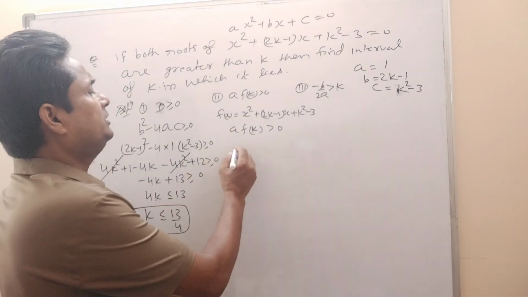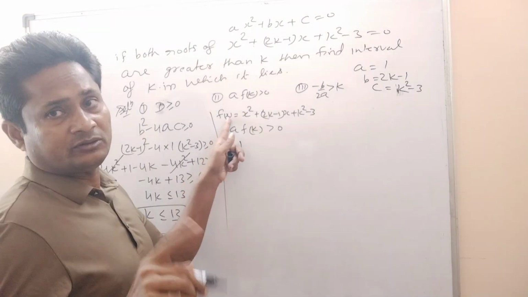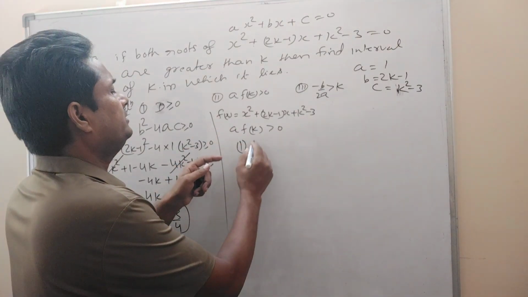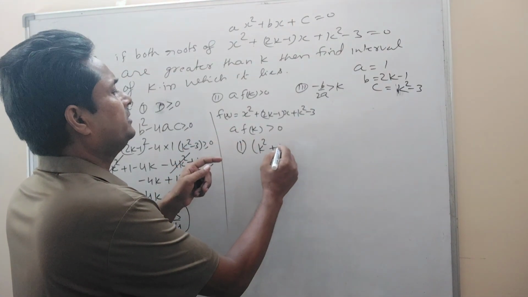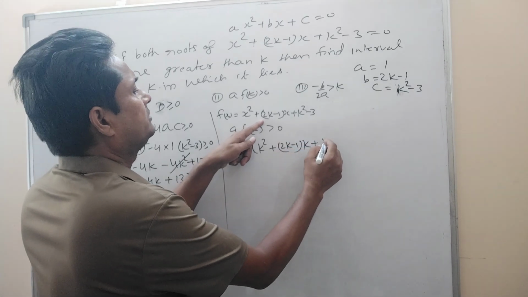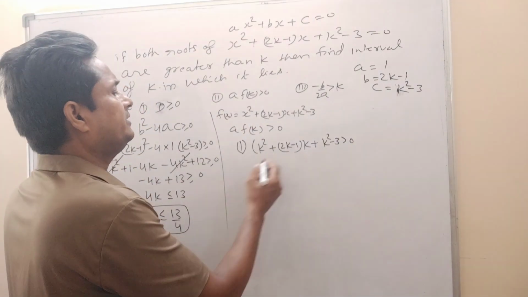A is 1, and in place of x we substitute k. So it will be 1 into k square plus (2k minus 1) into k plus k square minus 3, greater than 0. Now simplify this one.